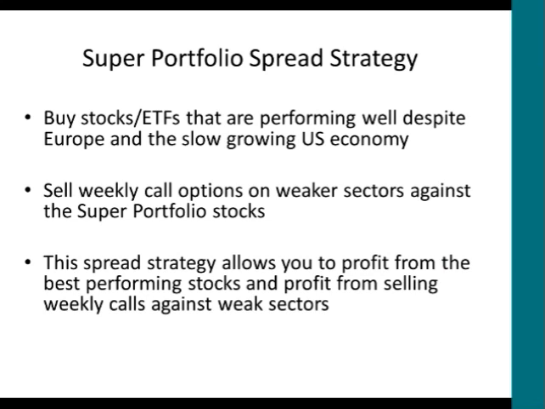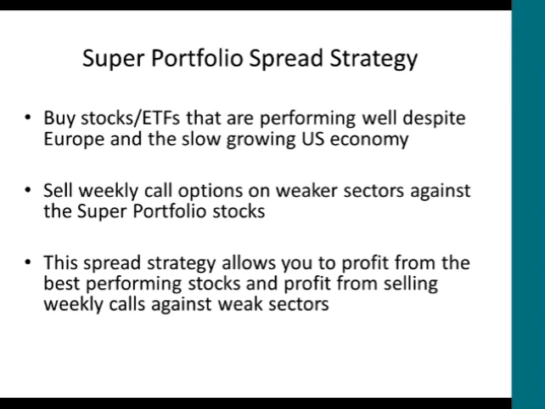So let's talk about the first spread strategy, what I call the super portfolio, and this has been performing great in this kind of market environment. So far this year, we have about a 55% return on this strategy.